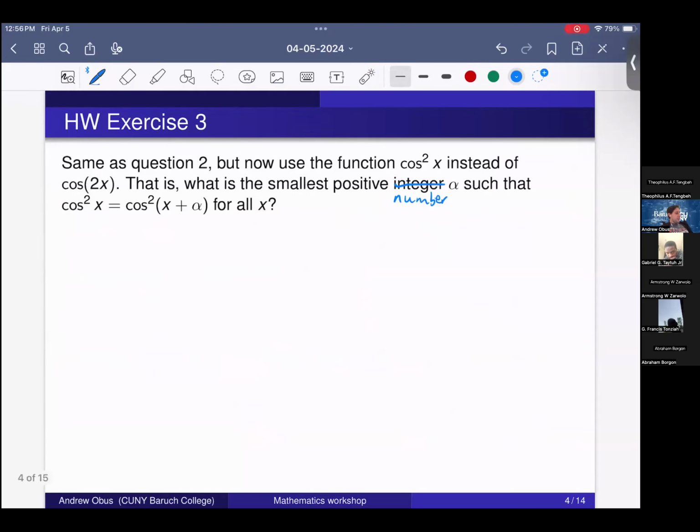And for this, we want to just recall that cosine of x plus pi is equal to minus cosine of x. Okay? So what does that tell us about cosine squared of x plus pi?